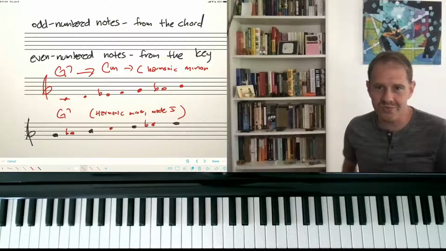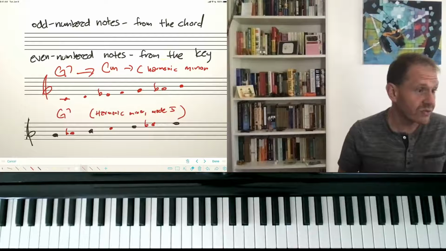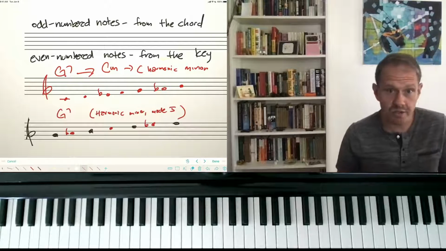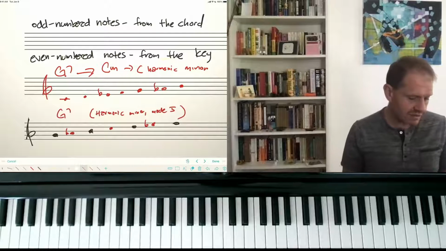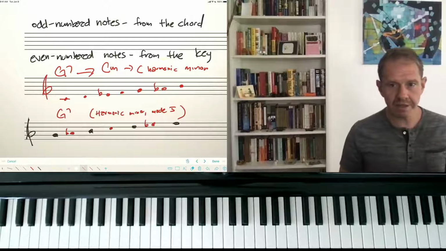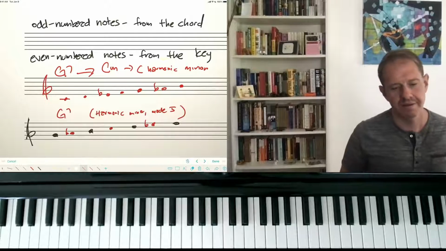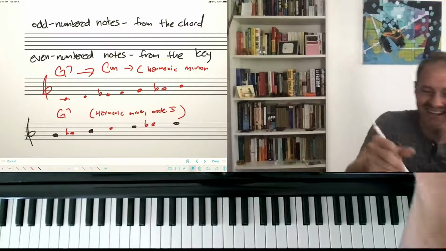So we've seen now these 3 G7s, depending on where they resolve, they're going to be treated differently. And we're always leaving the 1, 3, 5, and 7, but then we're creating a different scale based on the key center.